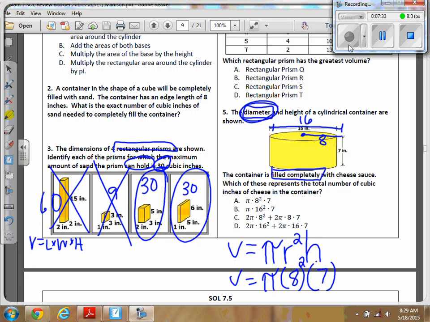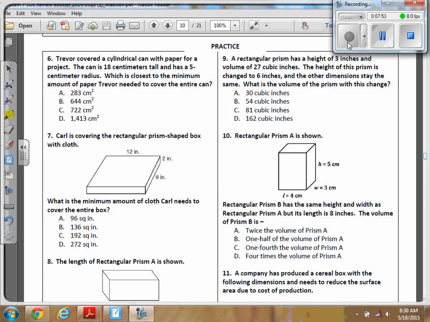And then my height is 7. Okay, so my answer is obviously going to be A, because A shows pi times my radius squared times the height. I know a lot of you may have chosen B because of 16 squared, but 16 is the diameter, not the radius. So my answer is A.